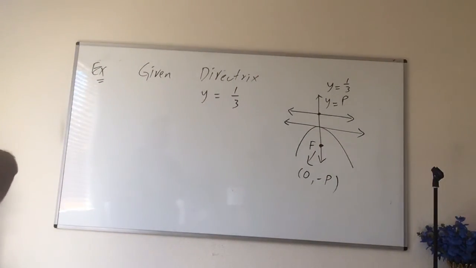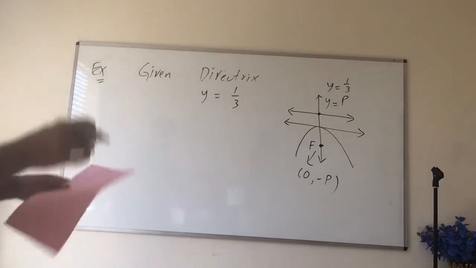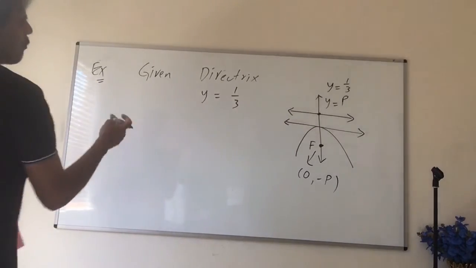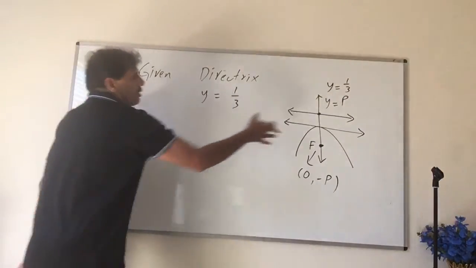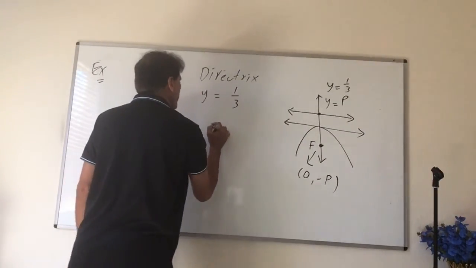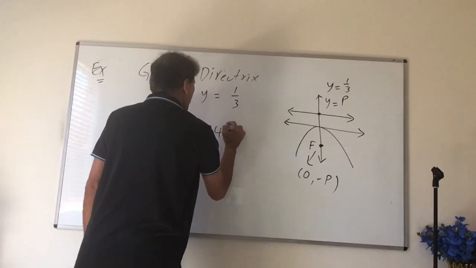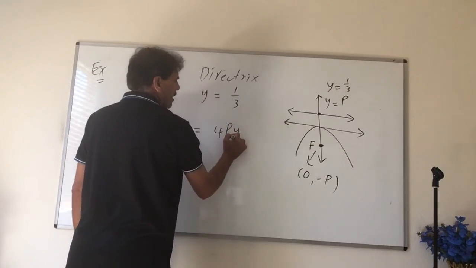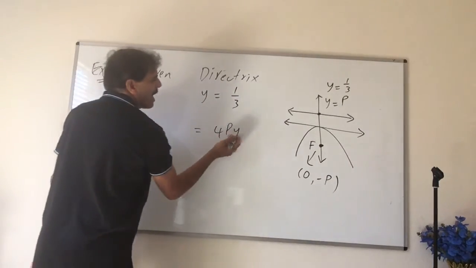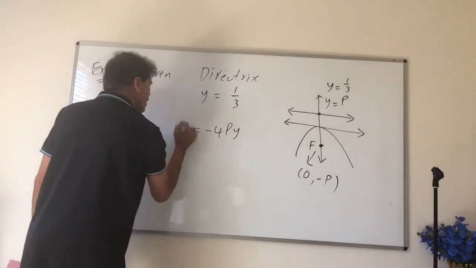So y equals 1 over 3 is up, the graph is downward. The focus is 0 comma negative p. So p by itself is 1 over 3. Then it's downward, so it's along the y-axis, so it's going to be 4py. Well, downward means negative. This one must be x squared.